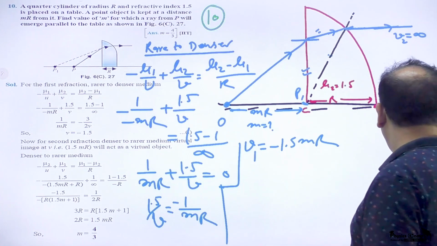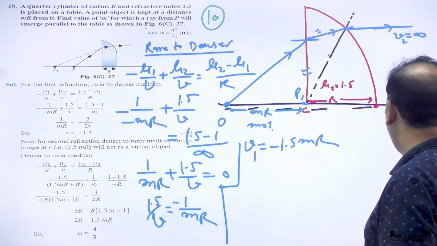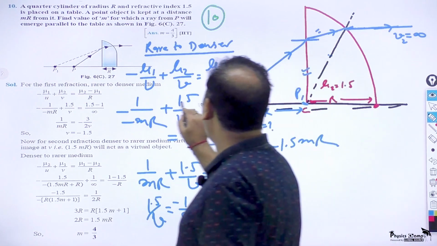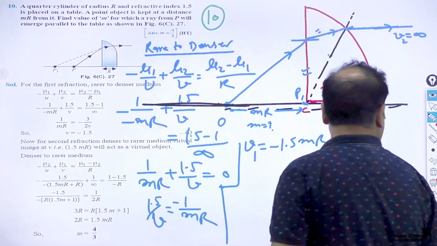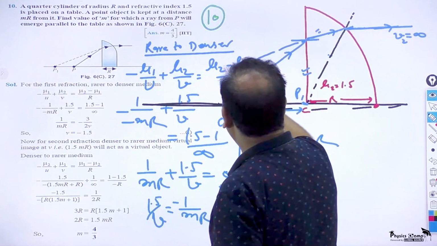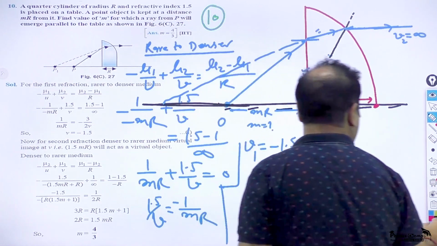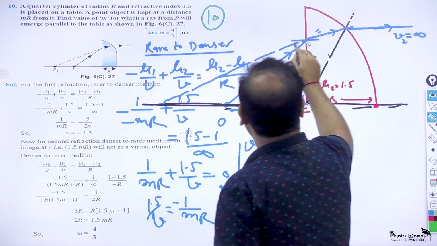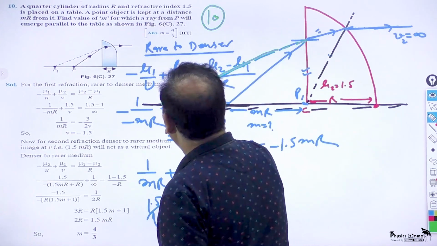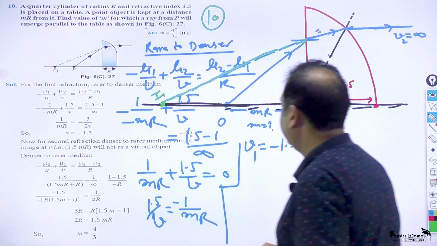It means this first ray will appear to come from somewhere here, I1.